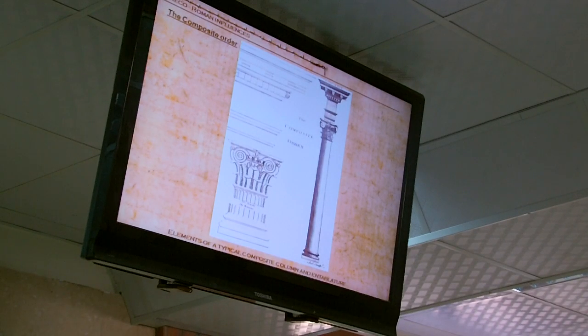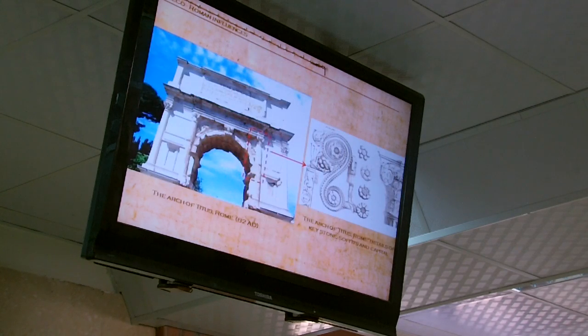The composite order is also a product of the Romans, those employed in the Arch of Titus.